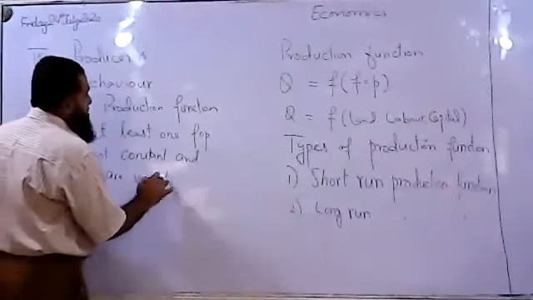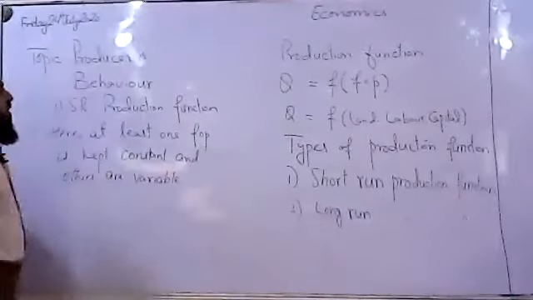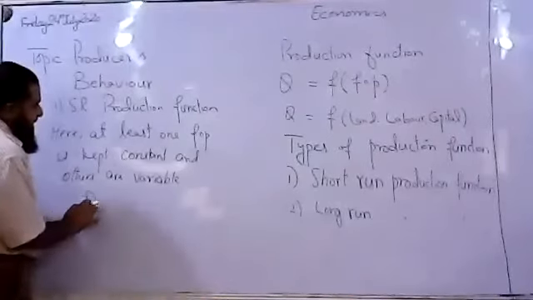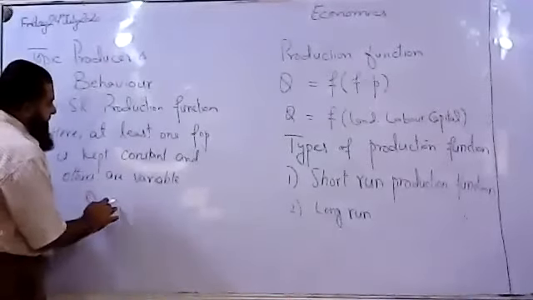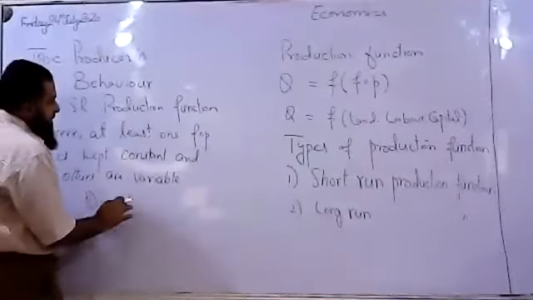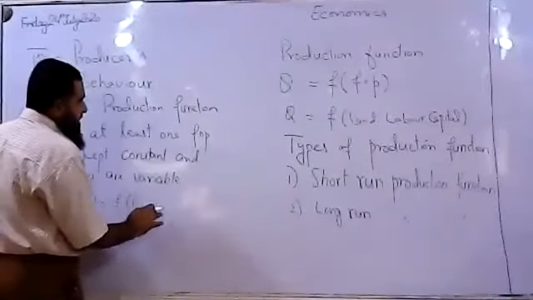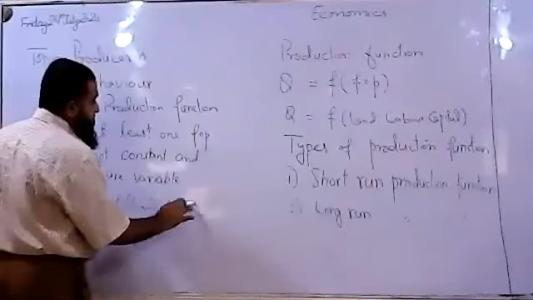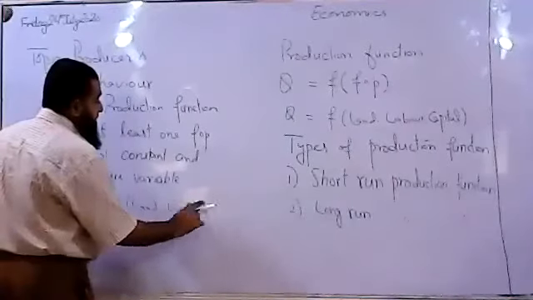Therefore, the producer can produce more output in short run by changing the variable factors of production, because fixed factors cannot be altered. I say land and capital are fixed. Here I take land and capital and labor.